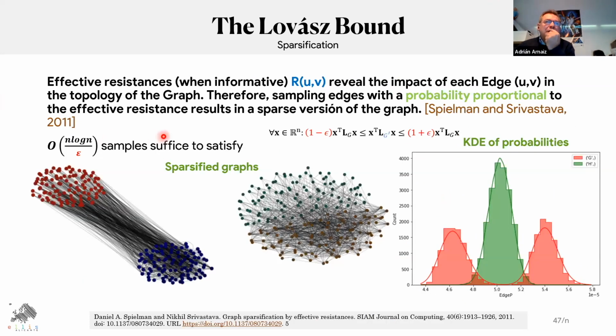Effective resistance is very informative, but it's also useful because it reveals the impact of each edge on the topology of the graph.